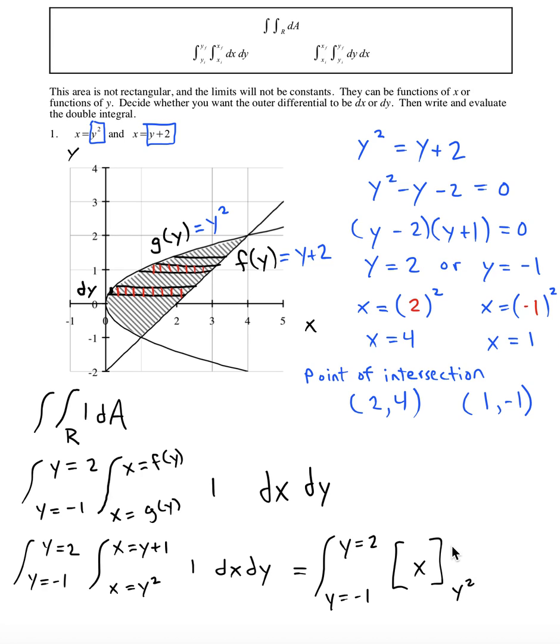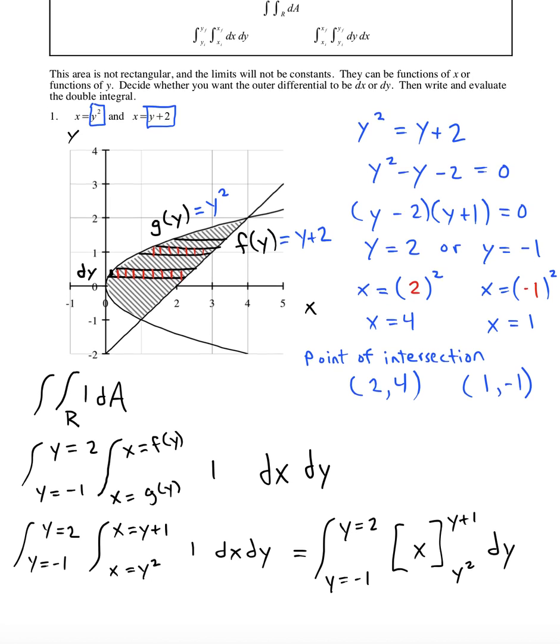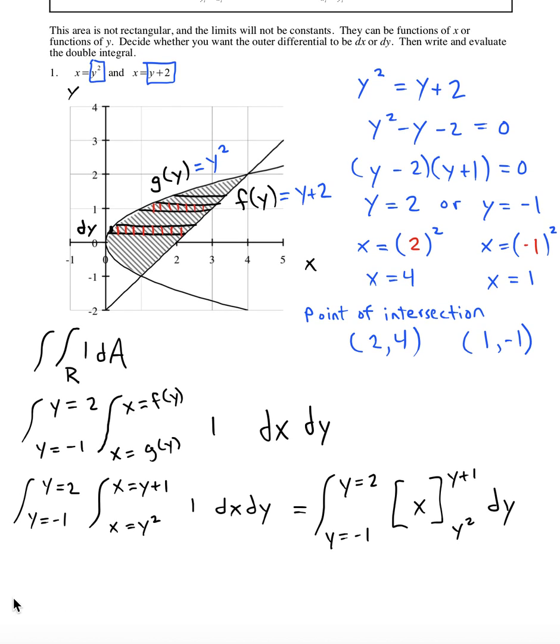Bring our limits over and our dy. Now we want to plug in the y plus 1 just like we would any number, f of b minus f of a, right? So it will become y plus 1 minus y squared dy.